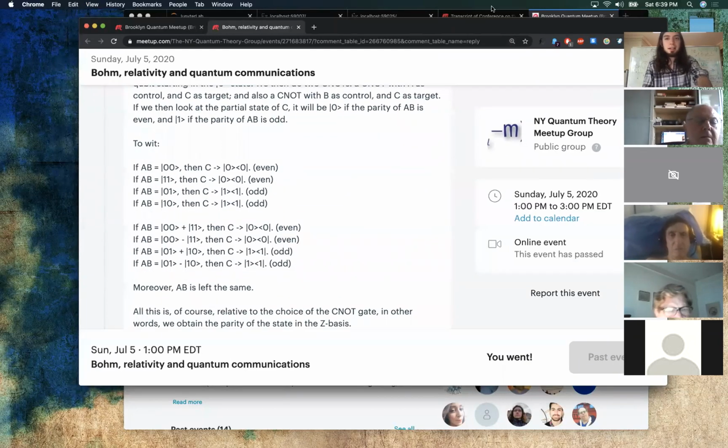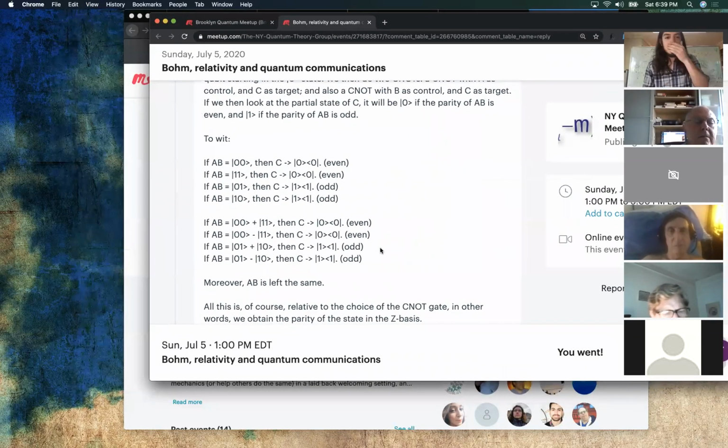Here's a list of what the parity gate does. What it does is give you the parity, but with regard to a certain basis. If A and B are in basis states of Z, then 0,0 and 1,1 give you even parity, and 0,1 and 1,0 are odd parity.